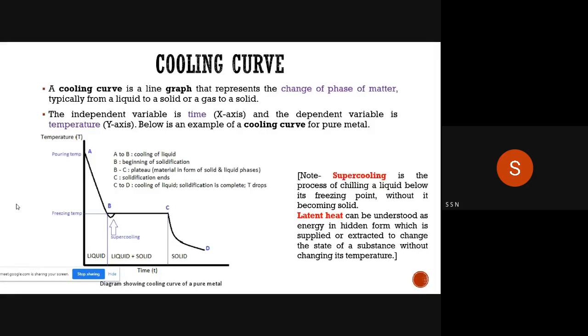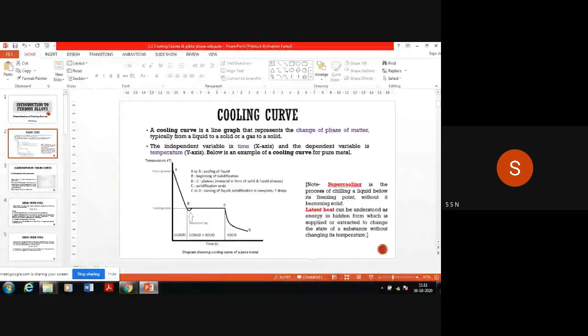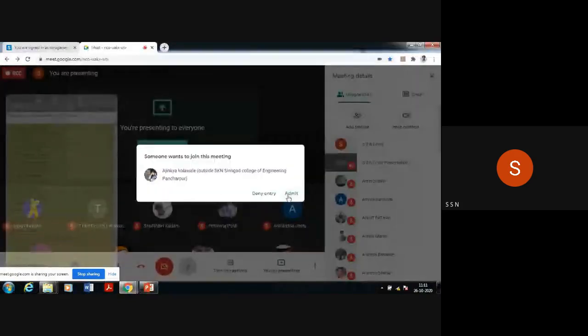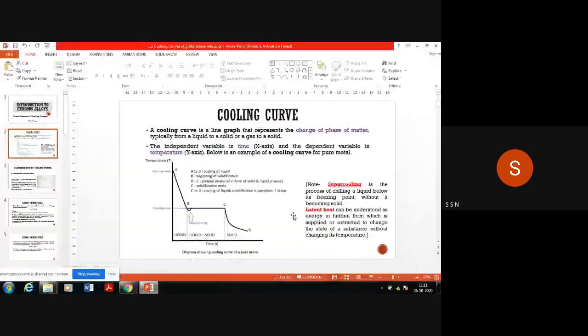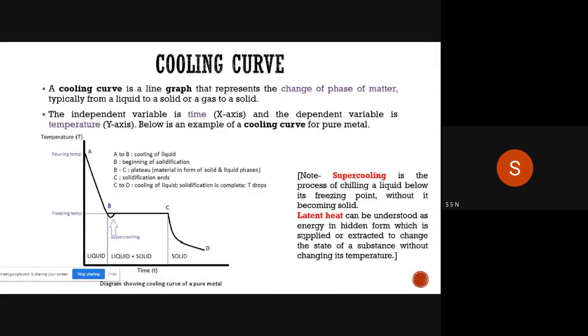So that melted form of alloy we will cool, so that that can change its phase from liquid to solid or from gas to solid.